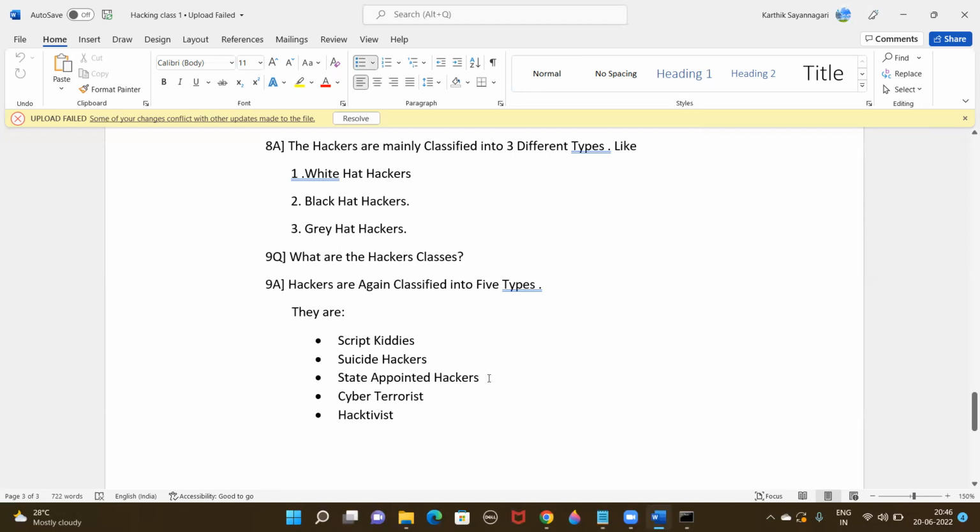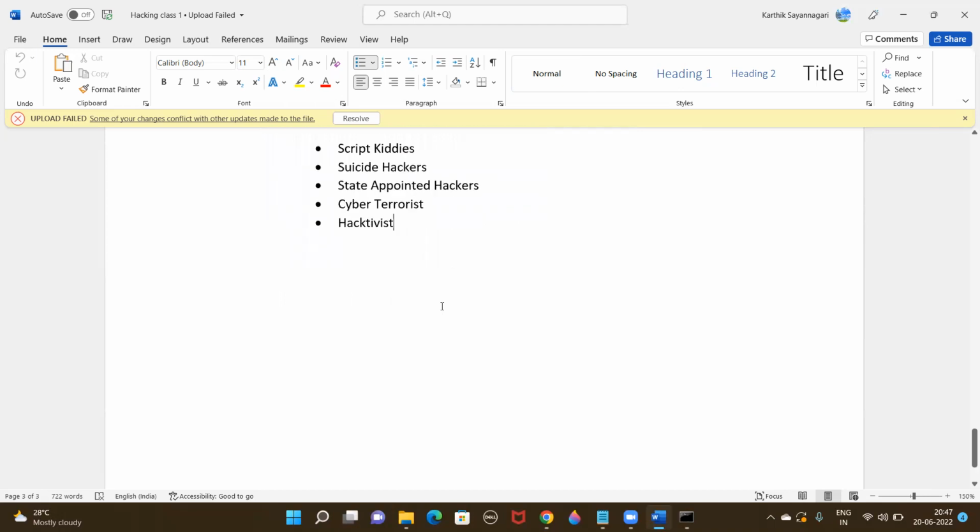Okay, the people who work as cyber security experts. So hackers who work under government agencies to penetrate and gain top secret information are called state appointed hackers. Next, hacktivists. An individual who promotes a political agenda by hacking, especially by defacing or disabling websites, is called a hacktivist.